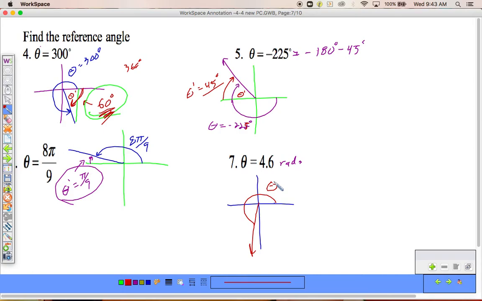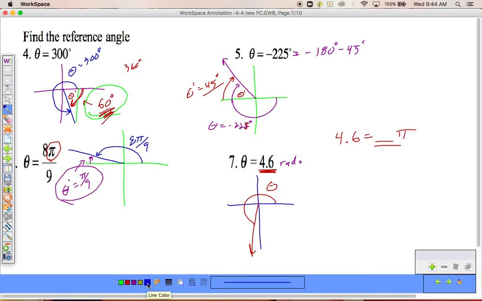The reason I know this in terms of radians is I have this decimal. We are used to having a pi in it. So what I'm going to do is find out 4.6 is how many pi's, because I want to be able to rotate some form of pi.